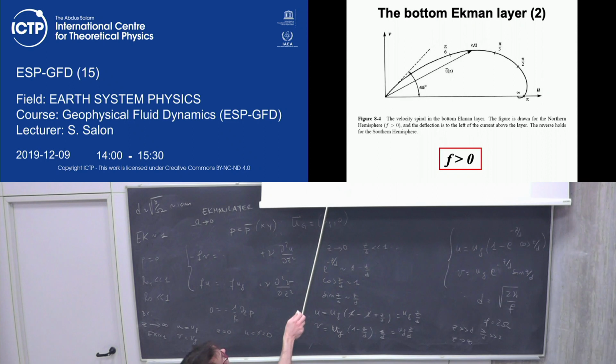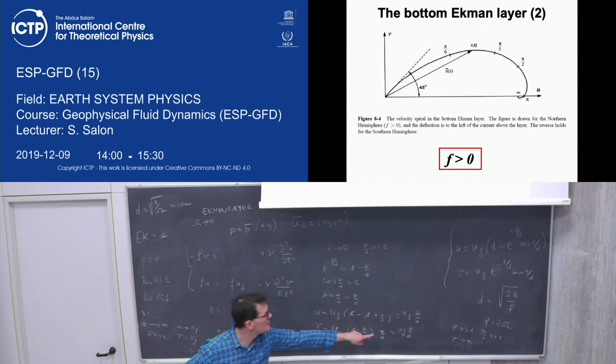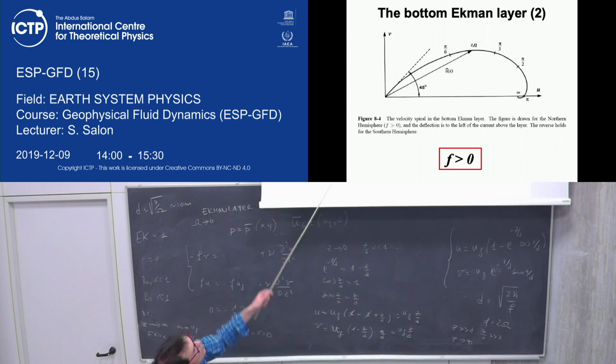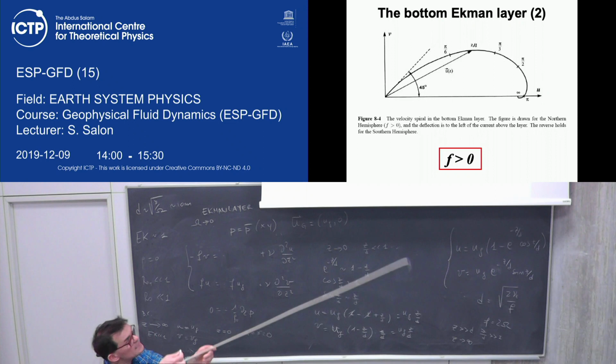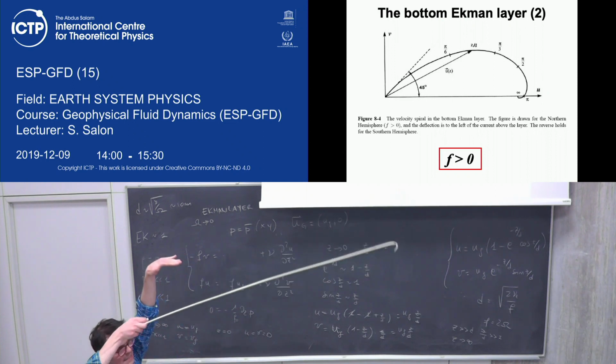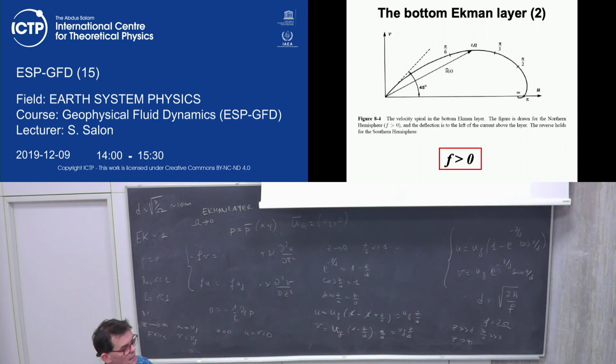And in particular, very close to the bottom, I will have that U and V are exactly the same. So close to the bottom, even if I have an interior flow which is directed along x, I will have close to the bottom a velocity which is like this one.